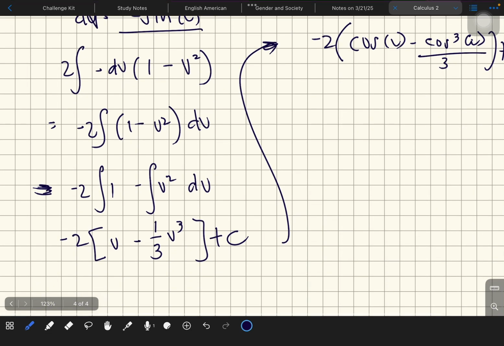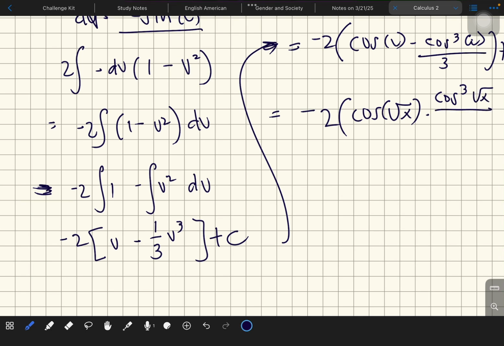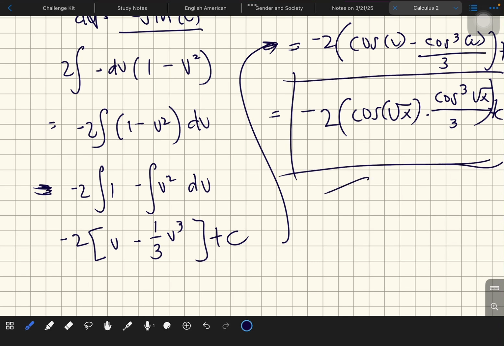So the final answer is negative 2 cosine square root of x minus cosine cubed square root of x over 3 plus c. Final answer.